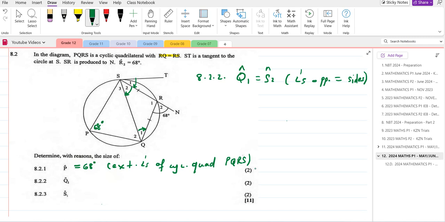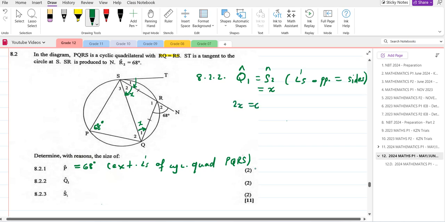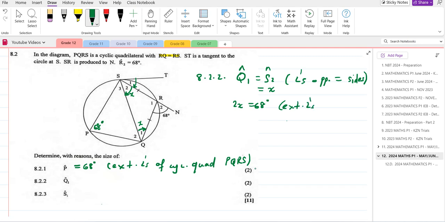Now we can see there is an exterior angle of a triangle here, so 68 is equal to x plus x, let it be x. So 2x is equal to 68 degrees. Why? Exterior angles of triangle QSR.